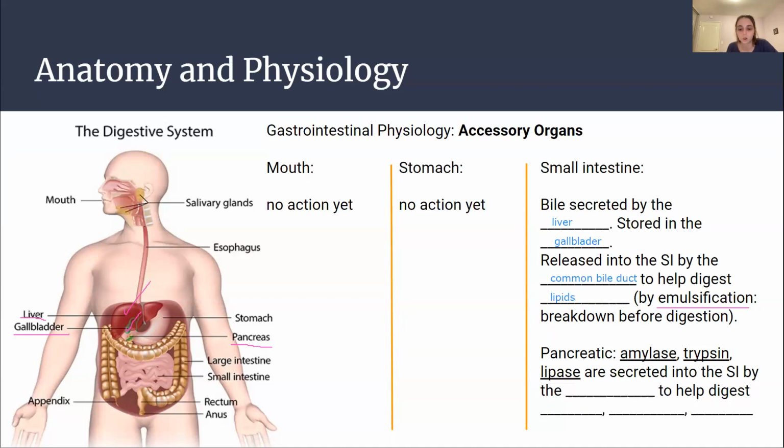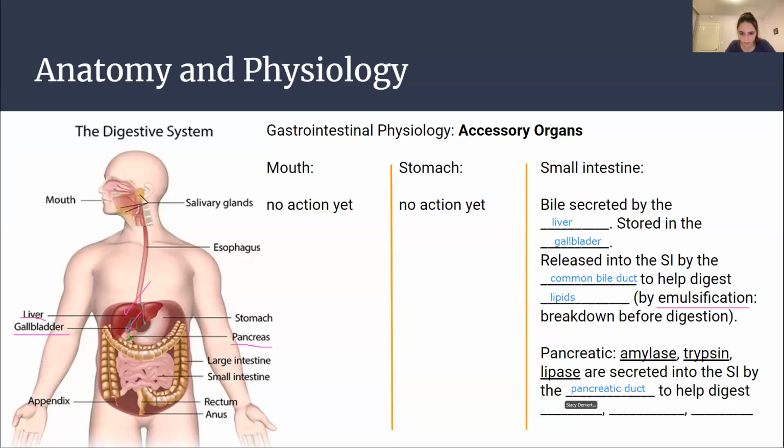Which duct travels pancreatic enzymes into the small intestine so that they can help digestion? Feel free to unmute or put it in the chat. Yes, so I'm seeing in the chat the pancreatic duct, and that's absolutely correct. So the pancreatic duct will then transport these enzymes.